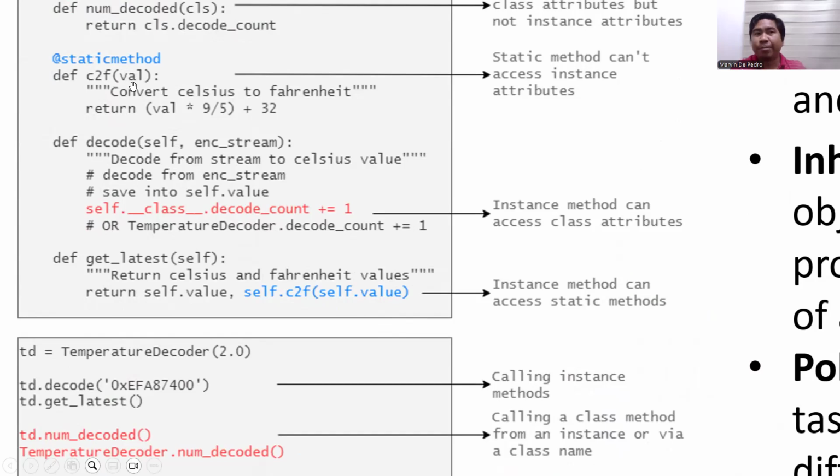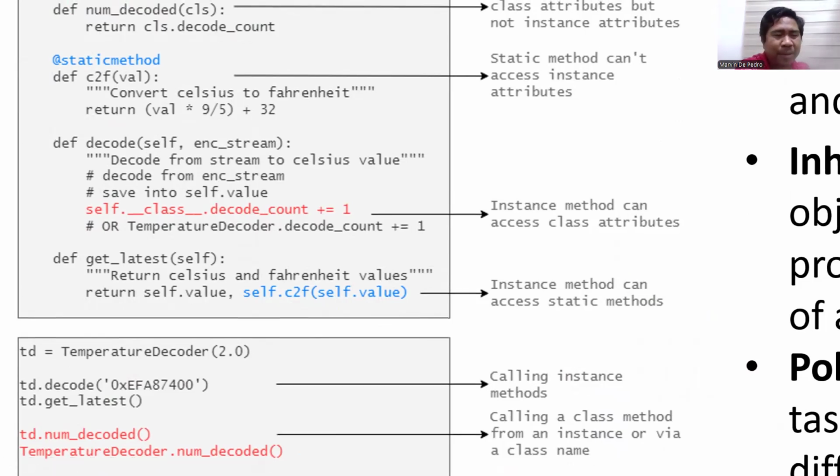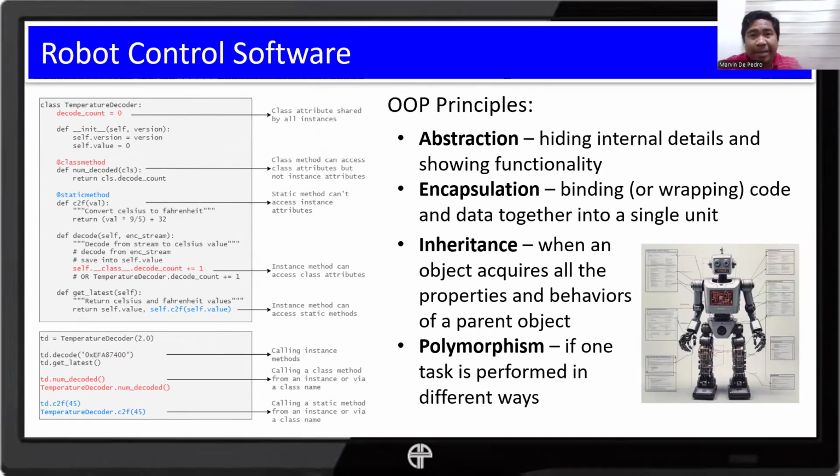The C2F has this parameter, and the variable for that is called val, while the code method has these variables. And lastly, we have the get latest method, wherein the variable is nothing but itself only. So that's a basic example of how we define our class.